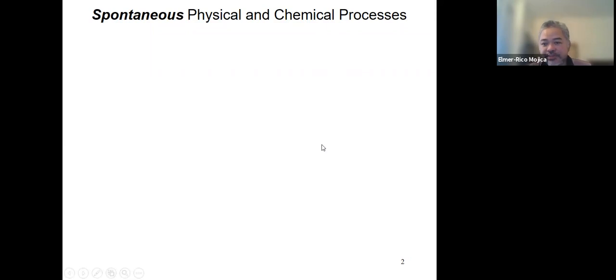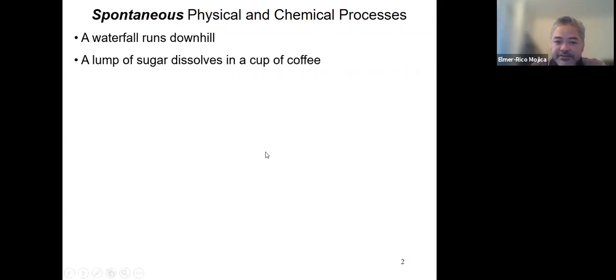So what are these spontaneous reactions? Just like this one. When you have a waterfall, it's always what? The water comes from a higher place going to a lower place. And if we put sugar in a cup of coffee, what will happen? The sugar will dissolve by itself. If you stir it, it just makes the dissolving faster, but on its own, the sugar will dissolve.